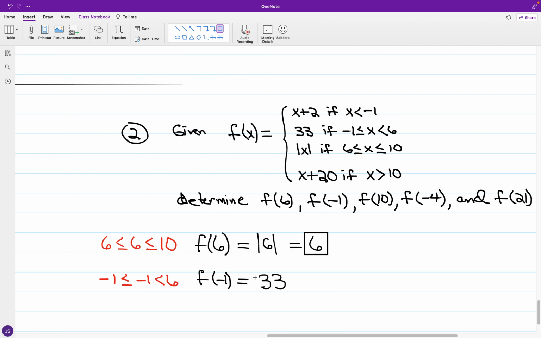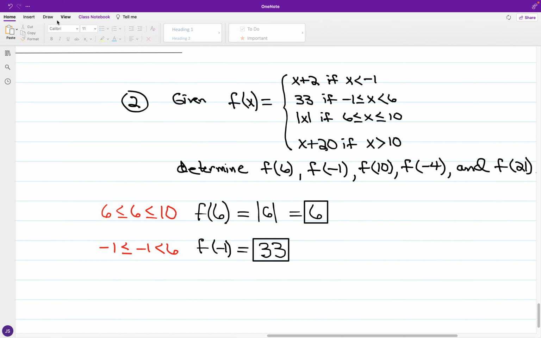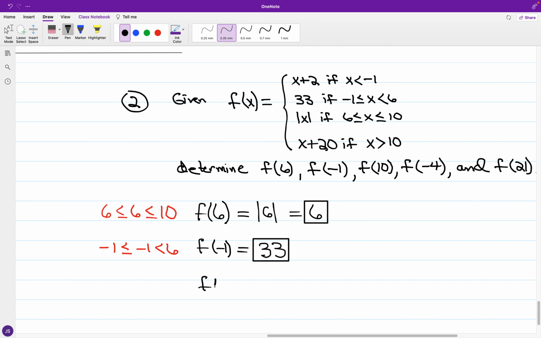Now for the next input, we have x at 10, and for f of 10 we see where 10 belongs among the inequalities. 10 cannot be greater than itself, but it can be equal. 6 is less than or equal to 10, which is true, since 6 is less than 10.